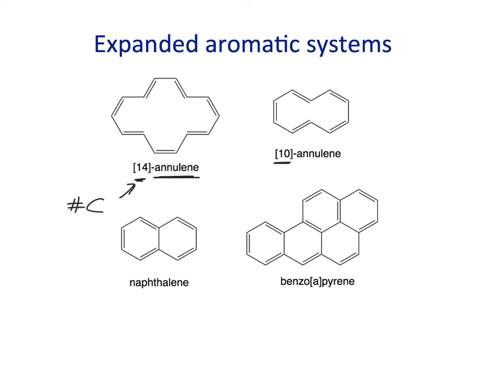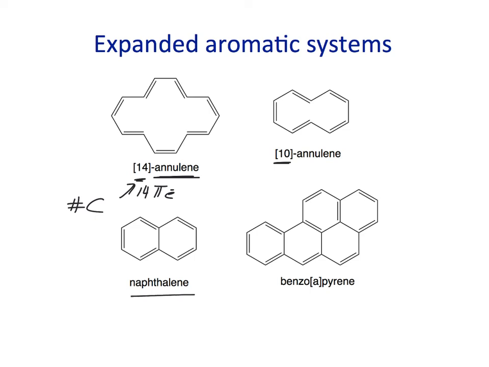So if you count up the atoms, it has 14 carbons in that 14-annulene. That also means, since we have alternating double bonds, it also has 14 pi electrons, and that's one of the numbers that fits for aromatic. So 14-annulene is aromatic. 10 also fits the series, so that's aromatic.